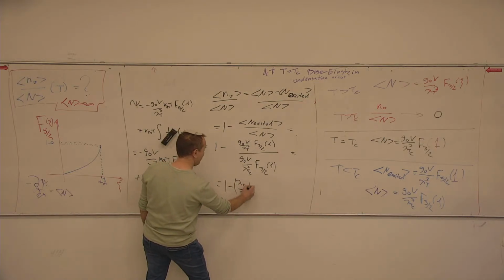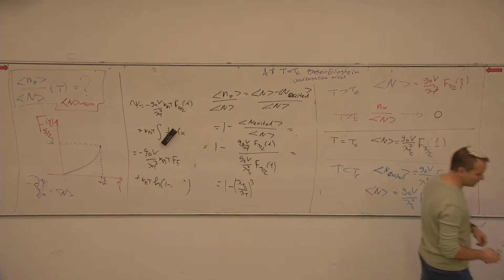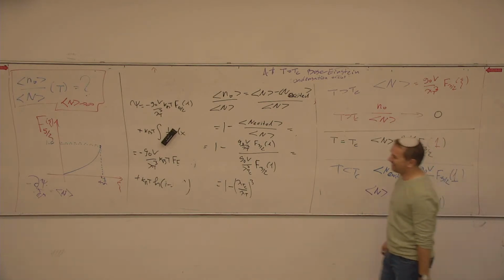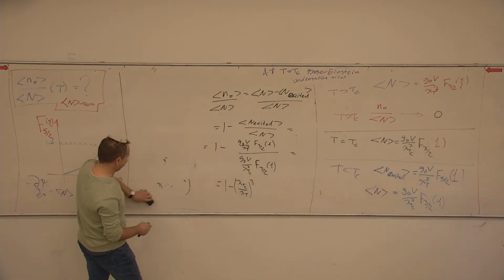Do you want to remind me what lambda T is? It's basically proportional to 1 over T to the half.